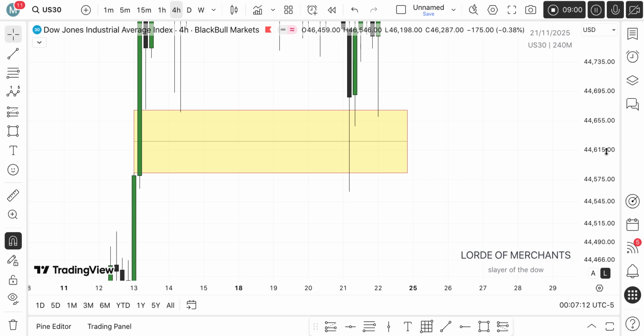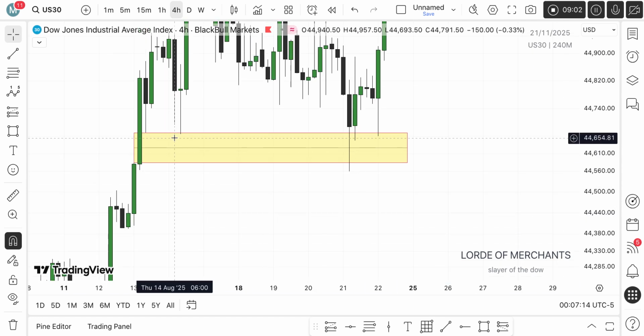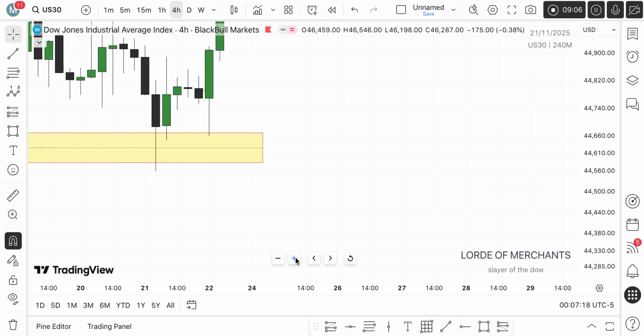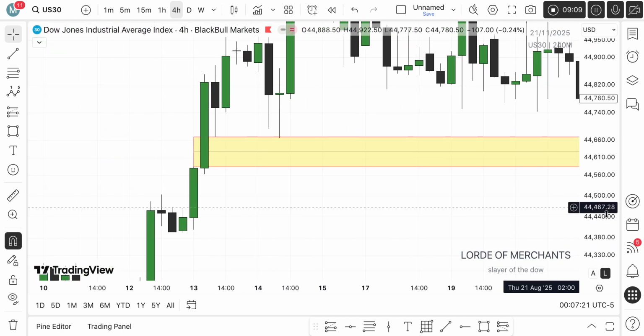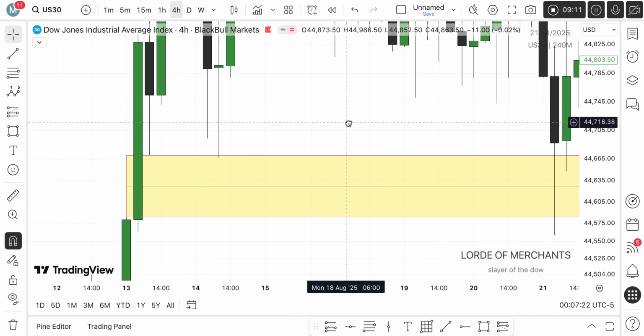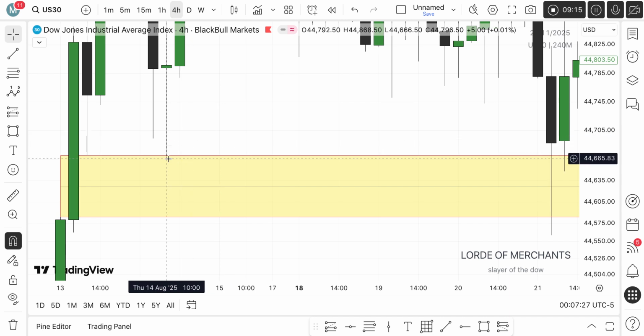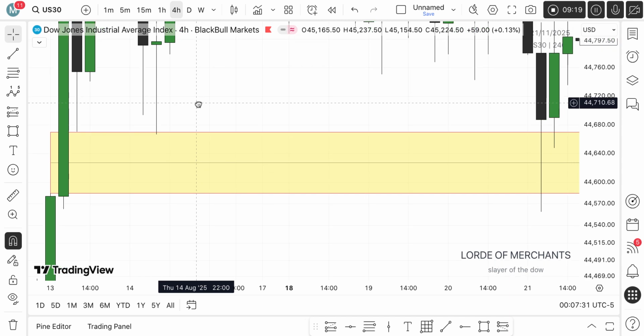And actually price came and rebalanced the fair value gap. I hope you can see the shade of my wicks, because there is buy side liquidity, there is sell side liquidity around here. You see? So the price came and actually did an institutional entry. The price came and generated liquidity.